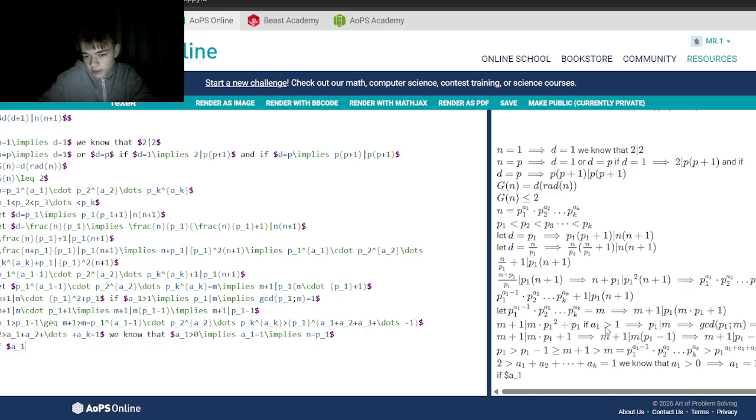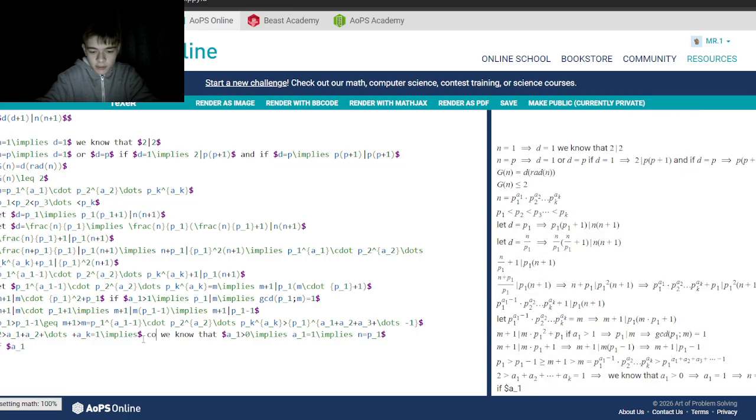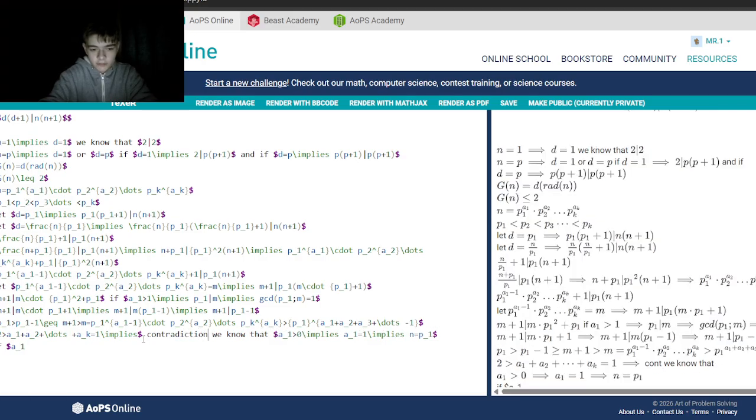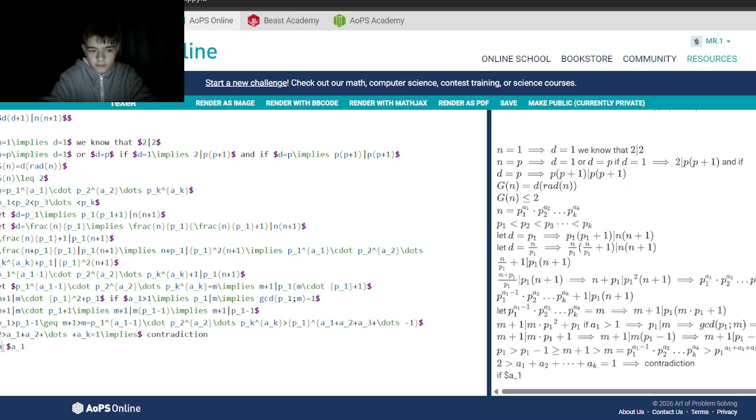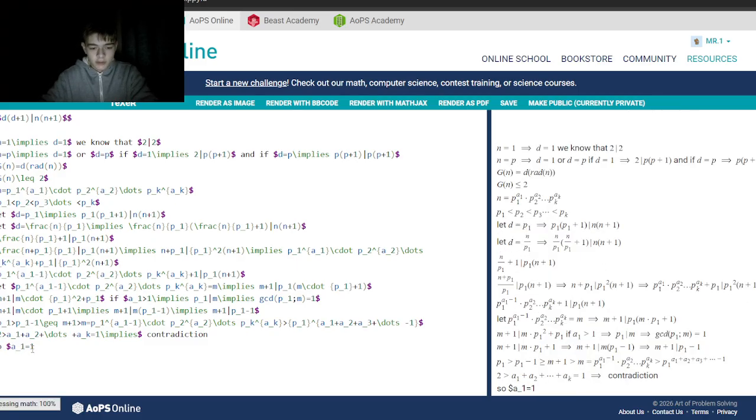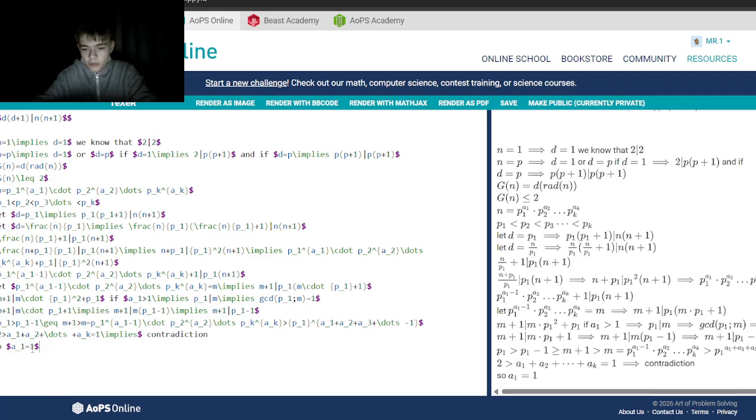Wait, actually we had that a1 was more than 1 right here, so this is actually a contradiction. That's my bad, contradiction. And instead of if, right, so we know that a1 is equal to 1.